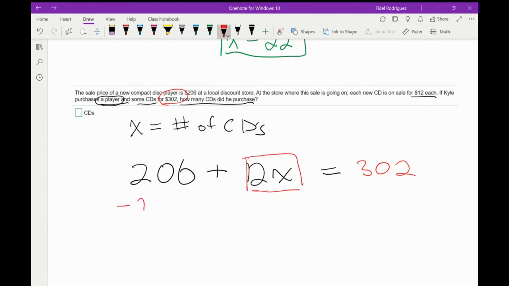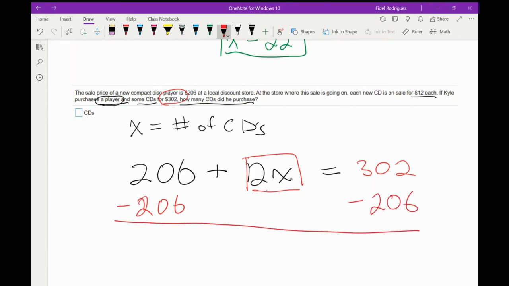So the first thing I'm going to do is go ahead and subtract the 206. Those will cancel. And that's going to leave me with 12x is equal to, so if I take my calculator, let me do this on my phone real quick because I got it over here on the side.